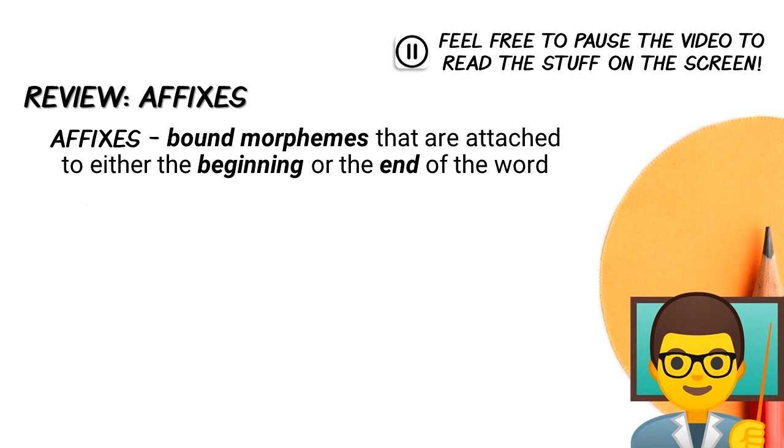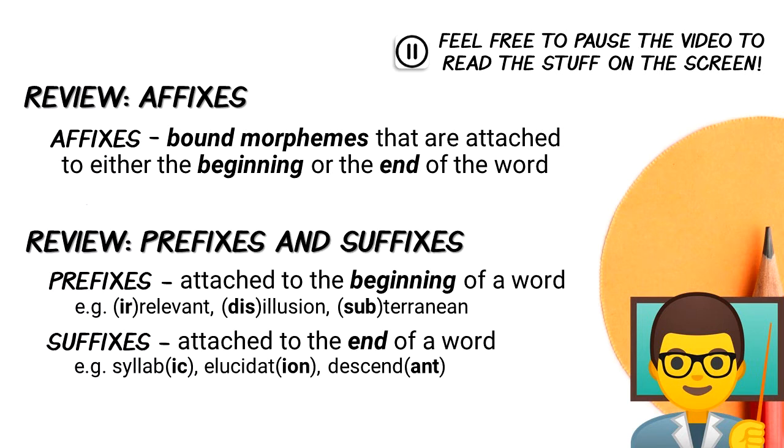Affixes are bound morphemes that are attached to either the beginning or the end of the word. I hope you still remember your morphology lessons. In English, there are two main kinds of affixes: prefixes and suffixes. Prefixes are affixes placed at the beginning of the word, while suffixes are attached to the end of the word.